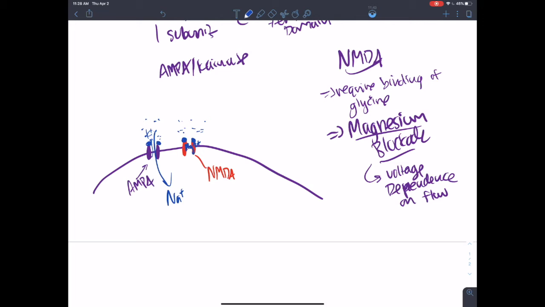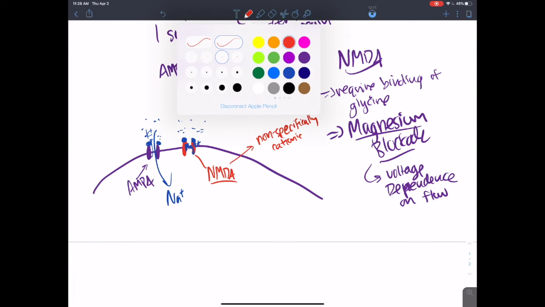Remember, these NMDA receptors can pass calcium, and that's what's going to make them so crucial for synaptic plasticity. So these are non-specifically cationic. So what does this mean? Well, once enough sodium influxes to sufficiently depolarize this cell, that magnesium blockade is actually going to pop out.